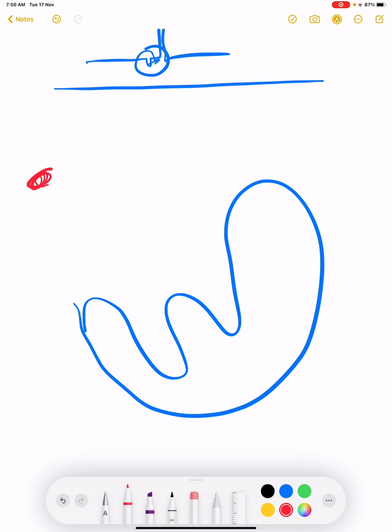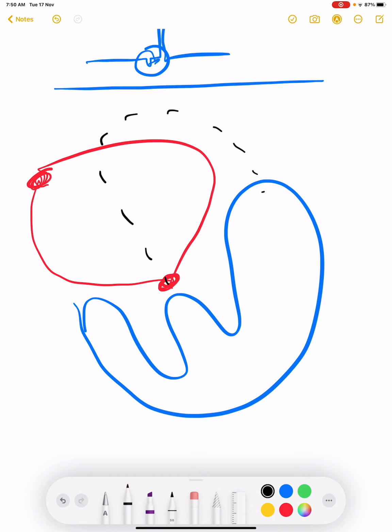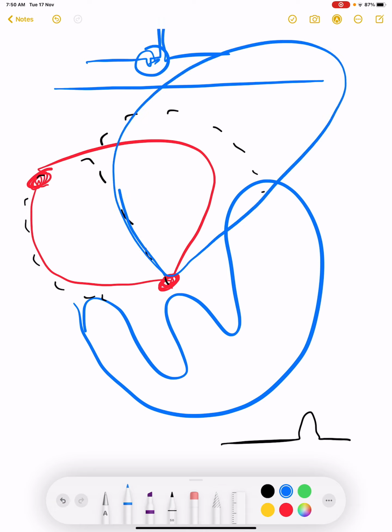So we have the SA node, we have the AV node, and normally both of the atria were depolarizing like this, and a normal P wave was being generated. Okay, so let's take a scenario in which our right atrium becomes too big, left atrium becomes too big. Then what will happen?